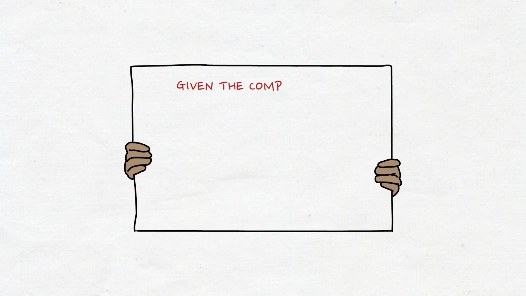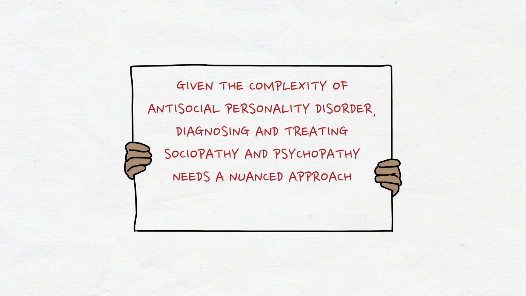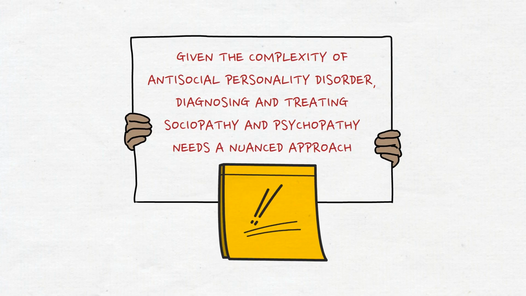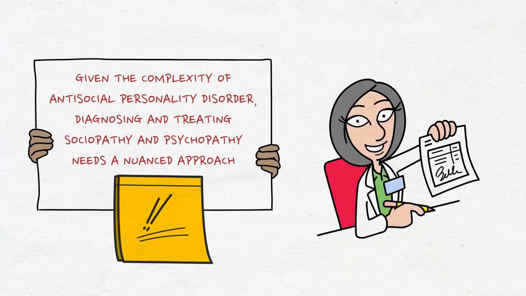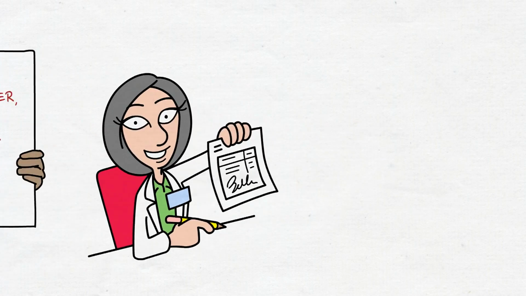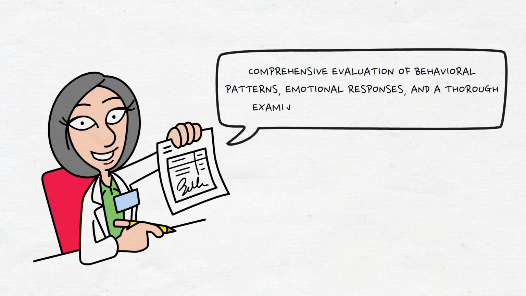Given the complexity of antisocial personality disorder, diagnosing and treating sociopathy and psychopathy needs a nuanced approach. First and foremost, it is important to stress that only qualified mental health professionals are able to accurately diagnose these conditions. A comprehensive evaluation of behavioral patterns, emotional responses, and a thorough examination of a person's life history are common components of clinical assessments.